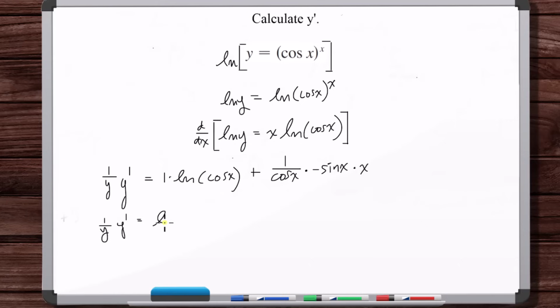So we've got, and then so sine of x over cosine, well, this becomes positive. No, this is negative. Okay, now we've got sine of x over cosine of x is tangent of x, so this is x tangent of x. Okay, multiply this entire equation by y, and we've got y prime is equal to y.